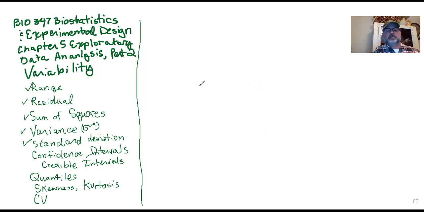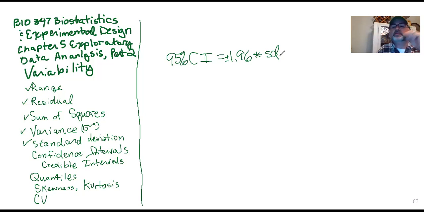Usually what you say is like a 95% confidence interval, and the way you calculate that is 1.96 times your standard deviation, plus or minus. So all you do is multiply whatever you calculate your standard deviation to be times 1.96.